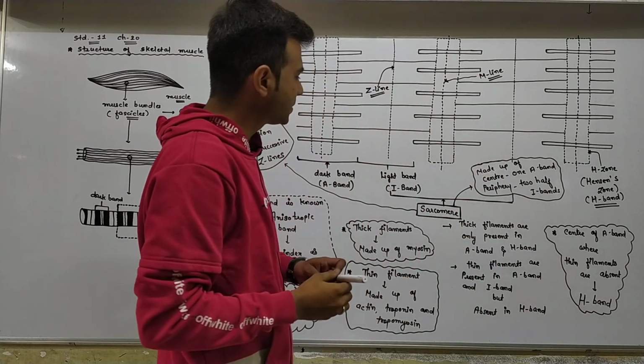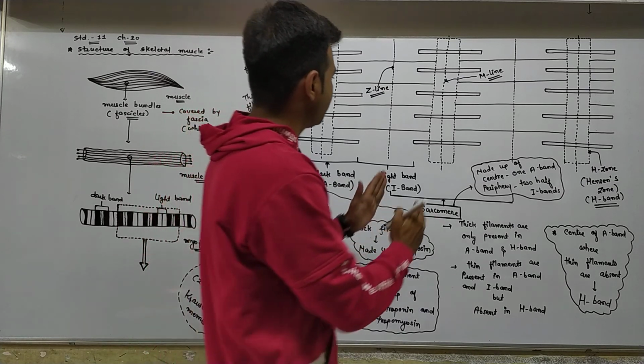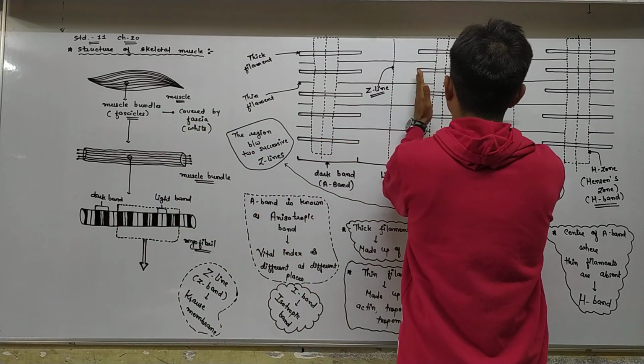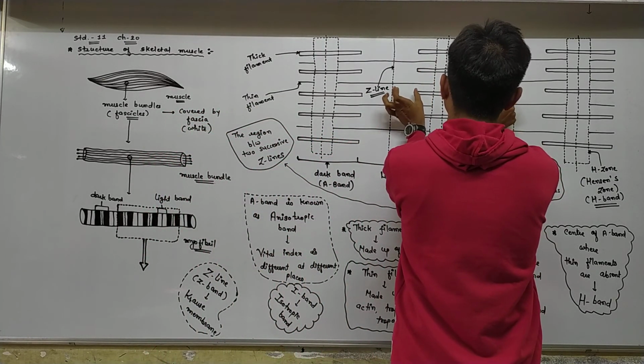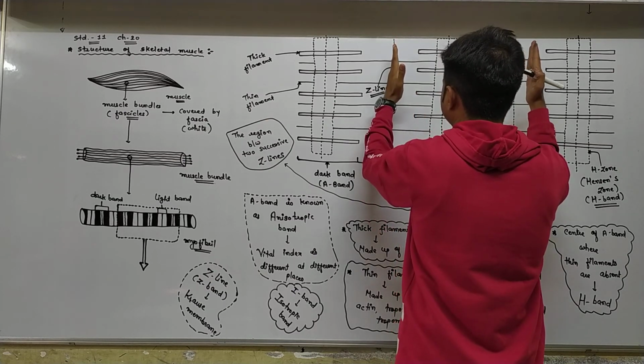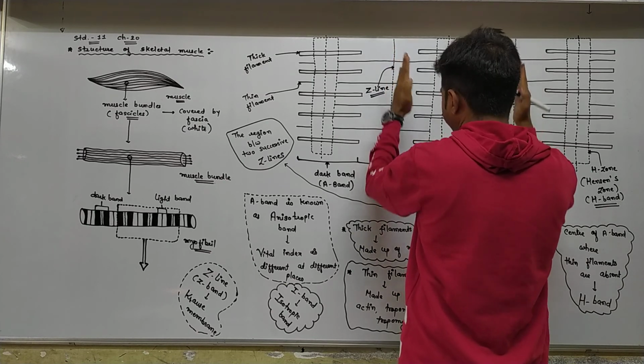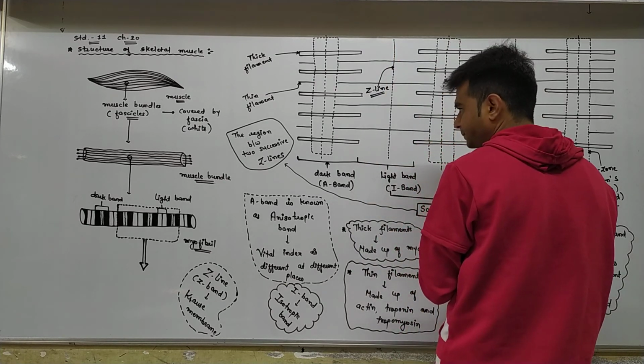When you properly observe it, the sarcomere is made up of a whole A band and, on the sides, half I bands. So the region between the two successive Z lines is known as sarcomere.